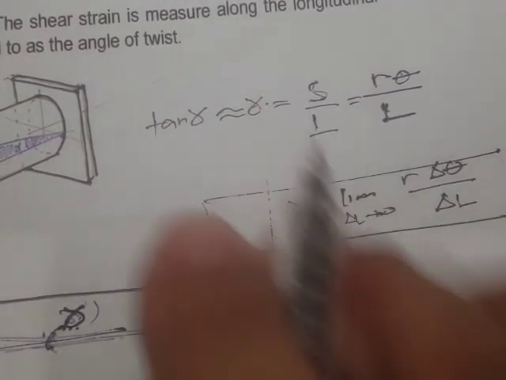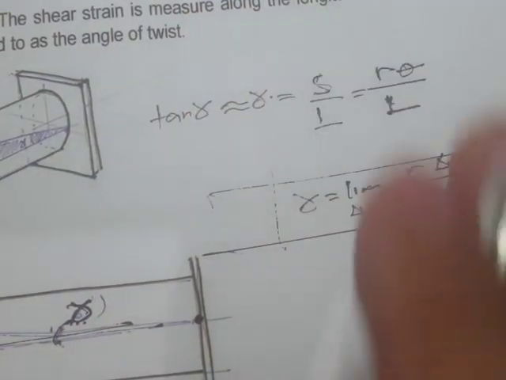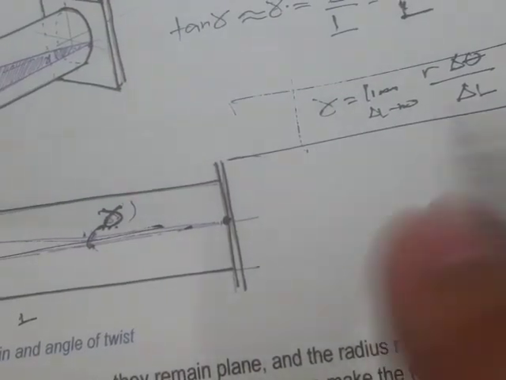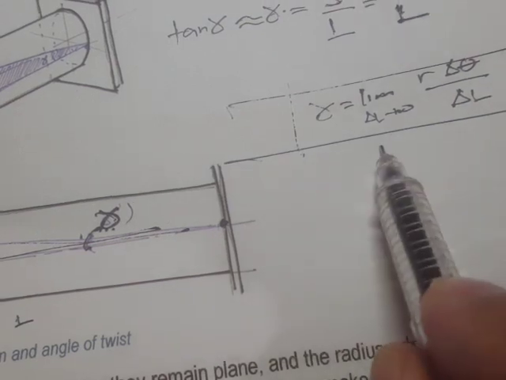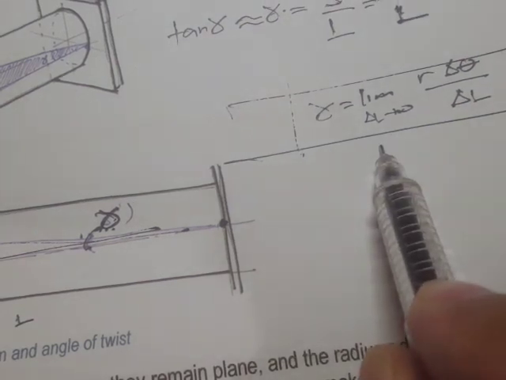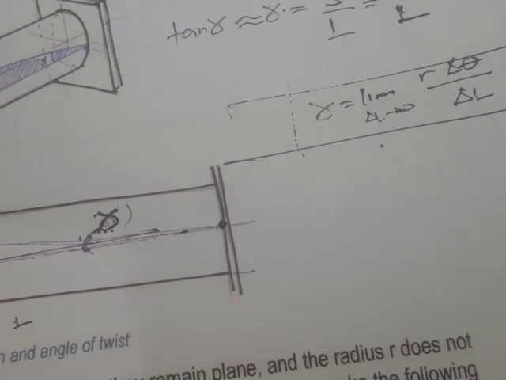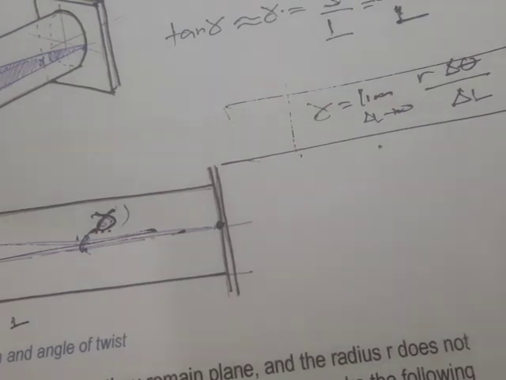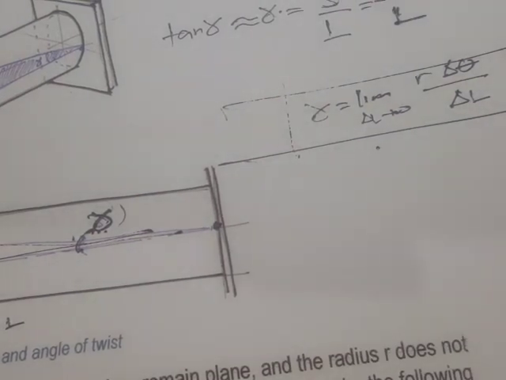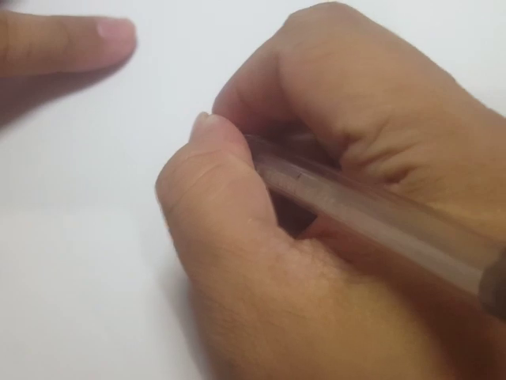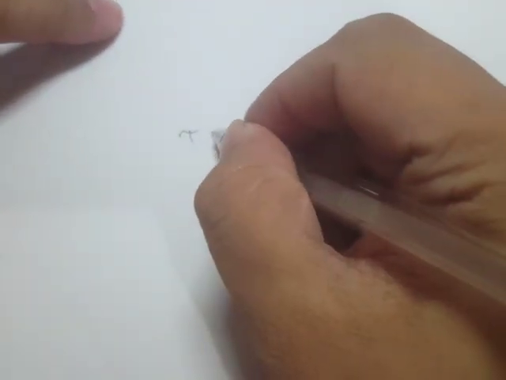But the main goal right here is, if we want to relate the shear stresses to the strains, then we need a relationship, and that relationship is actually the generalized Hooke's law for shear.